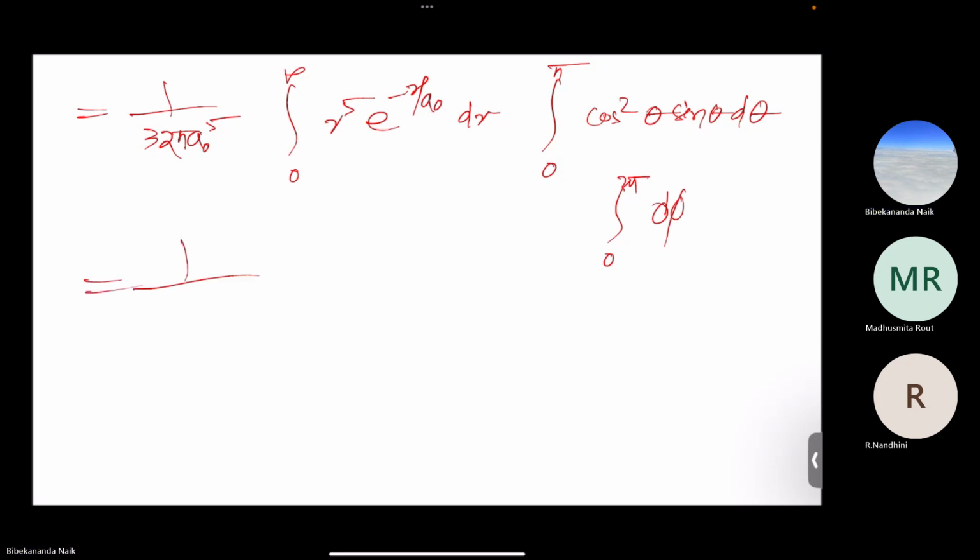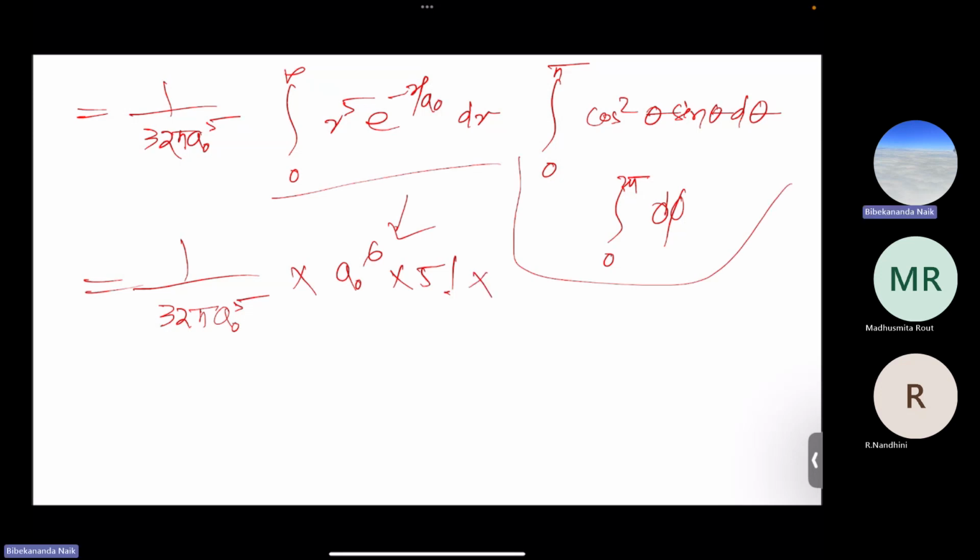So to integrate, it will be 32 a0 to the power 5 into a0 to the power 6 into 5 factorial. So this will give you a to the power 6 into 5 factorial, and this part will give you 4 pi by 3.